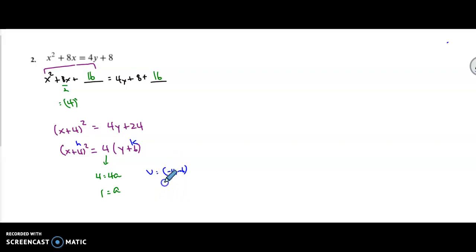All right, and at this point, also x squared means that it's going to open up or down. And since this is a positive coefficient, this 4, this is going to open up. Okay, it opens up.